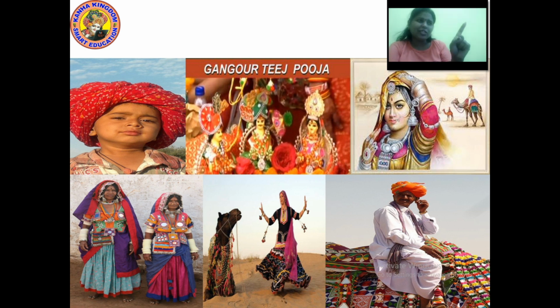Now, are you able to see that small boy who is having some round cloth on the head? That is called turban. Same like here at the right hand side corner, there is a man who is wearing dhoti, kurta and also a turban on the head.